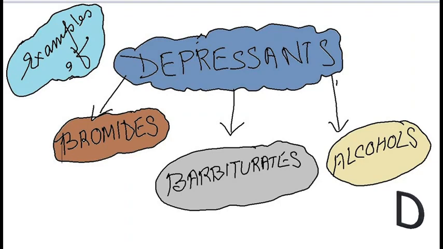It is generally present in many sedative or sleeping pills. Therefore, indiscriminate use of these drugs should be avoided, otherwise it may be extremely dangerous. Some of these drugs and alcohol can give rise to addiction. Alcohol is also a kind of depressant.